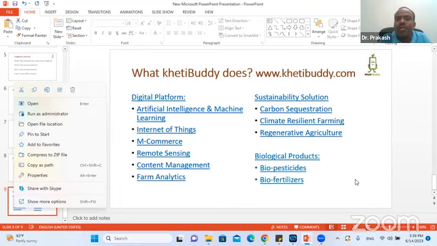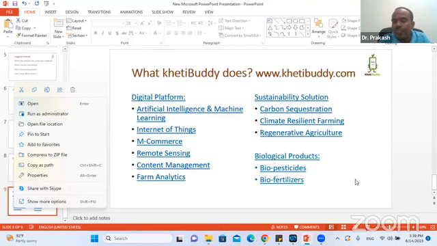In regenerative agriculture, we also have different crop solutions, digital regenerative solutions for the food industries as well as contract farming industries. So we are developing these types of sustainability solutions for today's need and the future need of the industry.